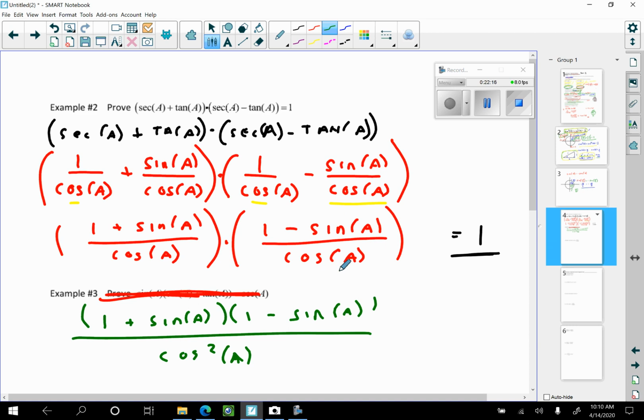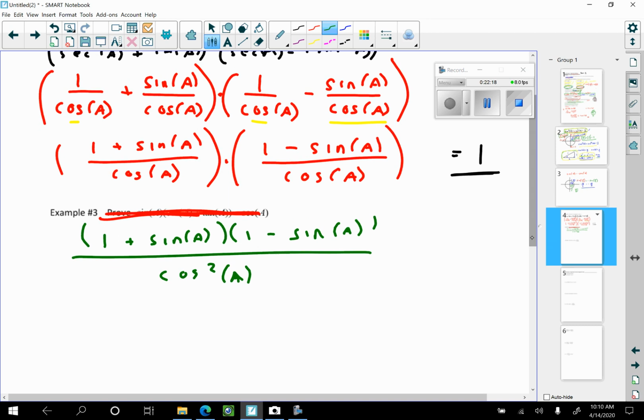All right? So if I continue down here, what's 1 plus sine of A times 1 minus sine of A? That rascal, ladies and gentlemen, by the difference of squares property, is going to be 1 squared minus the sine squared of A. Keep in mind, I'm still over cosine squared of A.